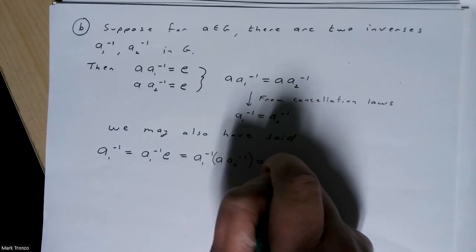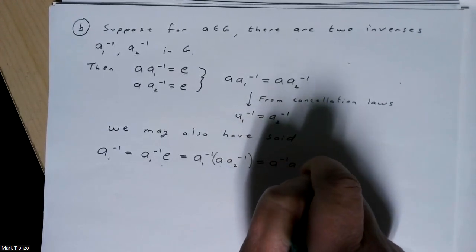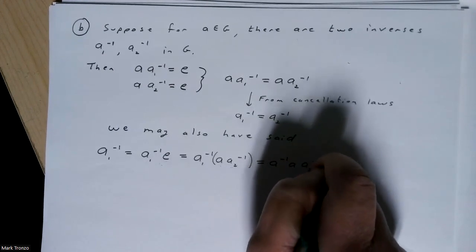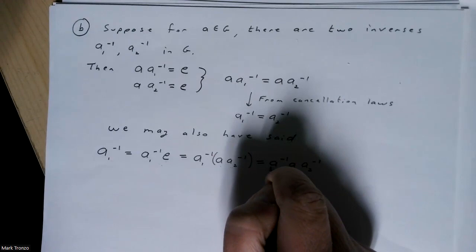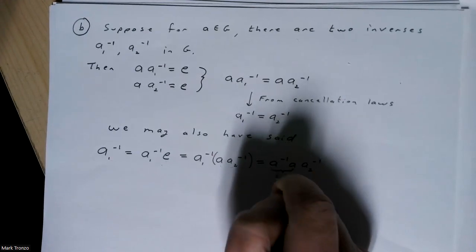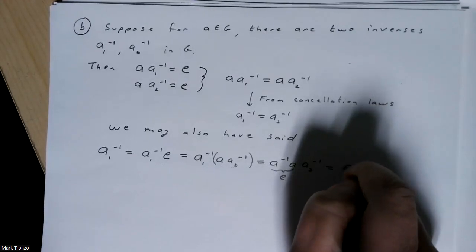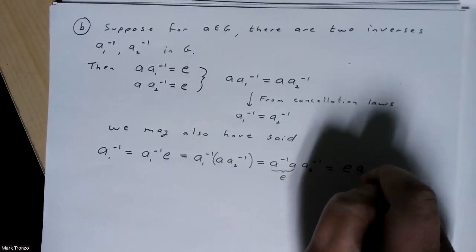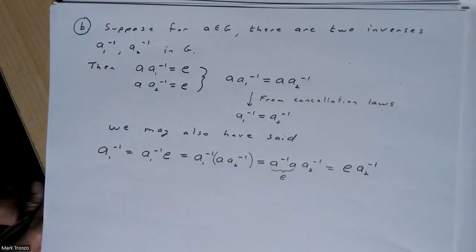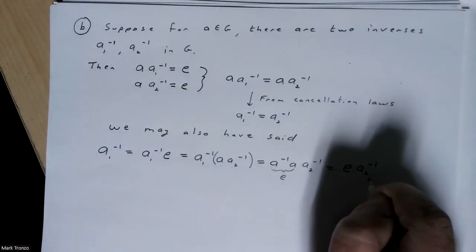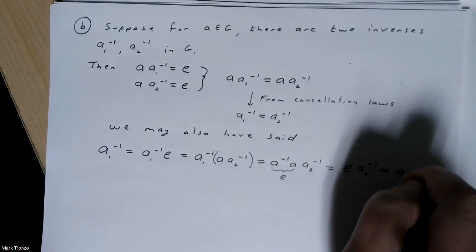And then we can take away the parentheses. And of course, over here, this is going to be E. And then E times anything is the anything.